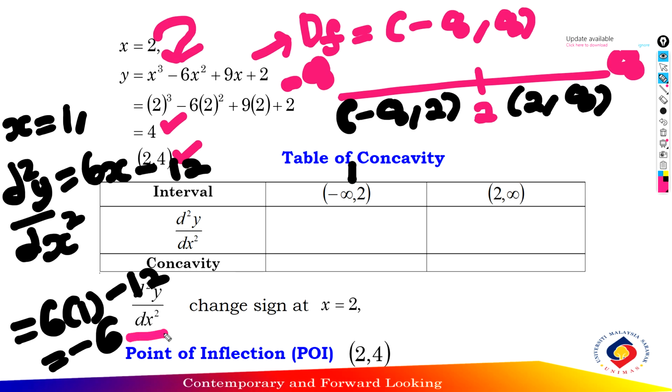The sign of the second derivative is negative, so you put the negative sign.